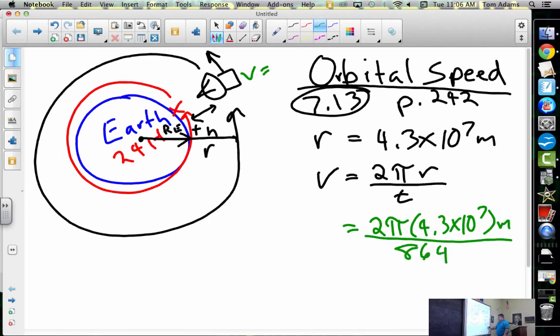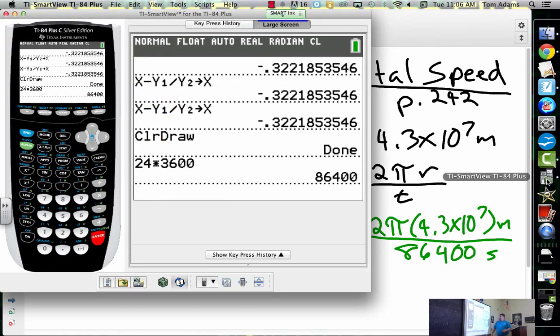And notice that my units are meters per second. Let's do it. So I'm going to say 2 pi times 4.3 e to the 7 divided by 86,400. So what is that?